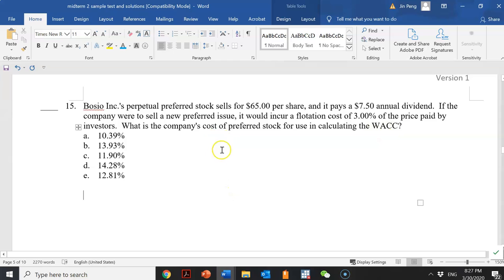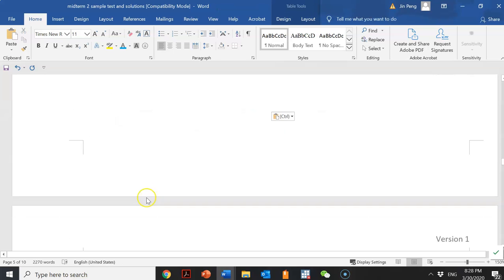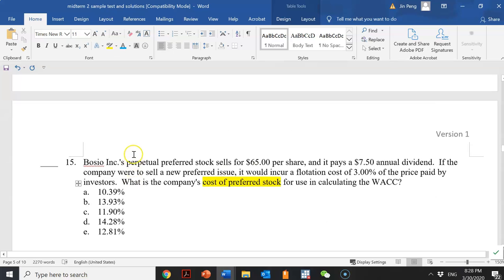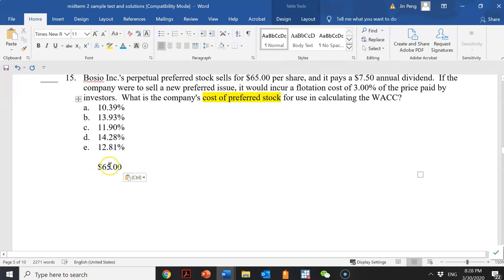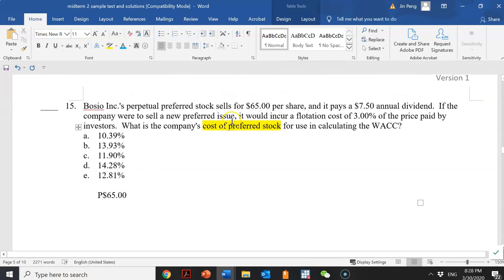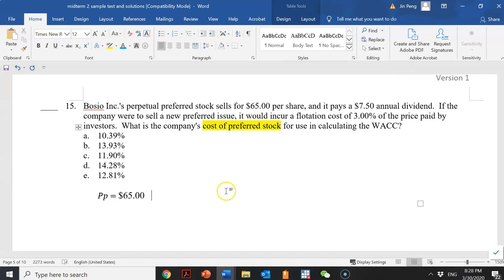Okay, so we're solving for RP, cost of preferred stock. And we know the current price P0 as 65. So let me list the conditions we know here. We know our P0 stock price, or PP, the price for preferred stock, PP equals $65.